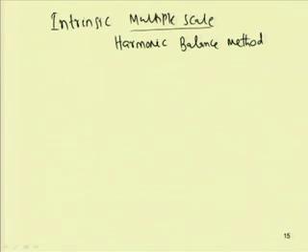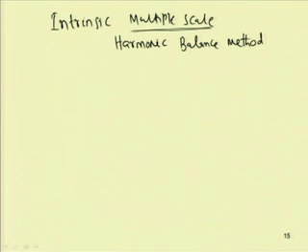Also, we have used the method of multiple scales for solving the nonlinear equation of motion previously. So, now in this intrinsic multiple scale harmonic balance method, we will combine these two methods, that is the harmonic balance method and the multiple scale method, to find the solution of the nonlinear equation of motion.